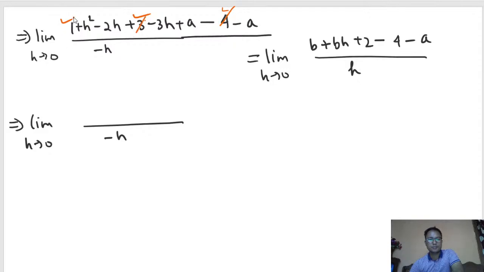So you can cancel this one, and what we are left with is h squared minus 2h minus 3h, I believe, so we can write it as minus 5h.